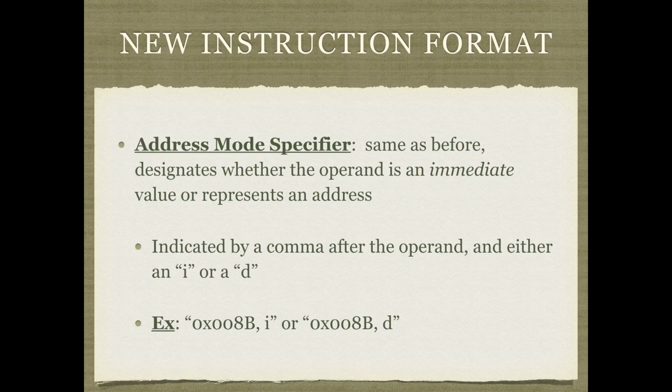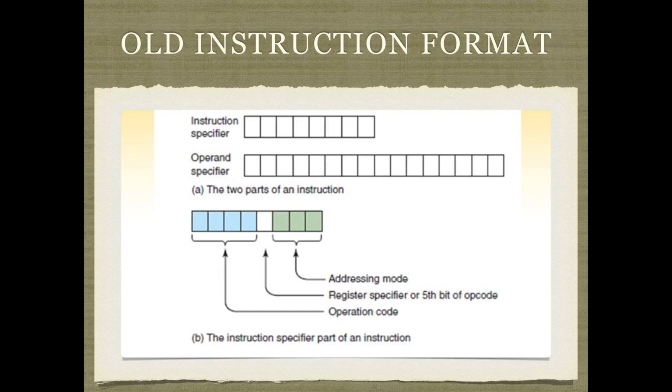After you have indicated what operation you want to perform and what data you want to perform it on, you still need to indicate the addressing mode. In the previous slide, remember, the green block is the addressing mode. 000 means that the value in the operand specifier is immediately addressed.